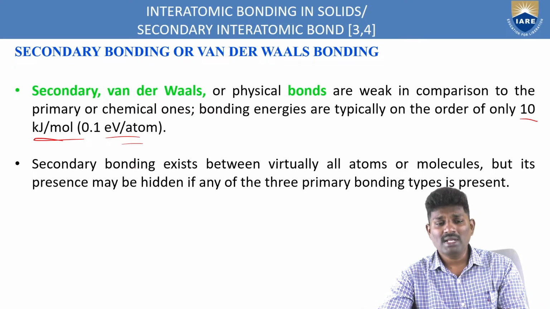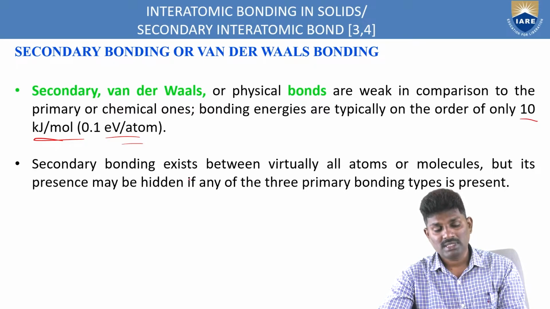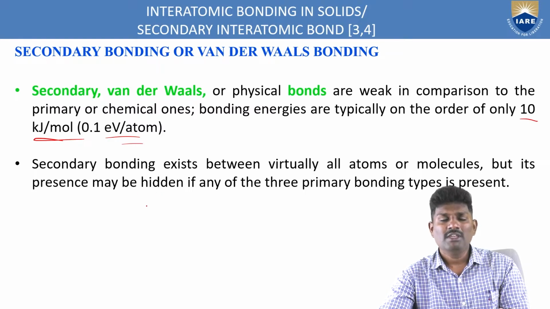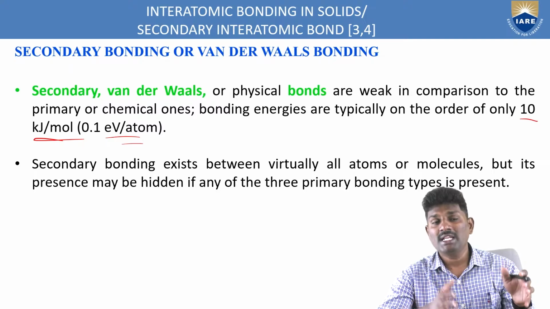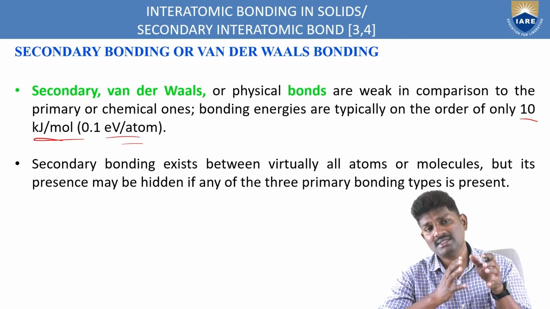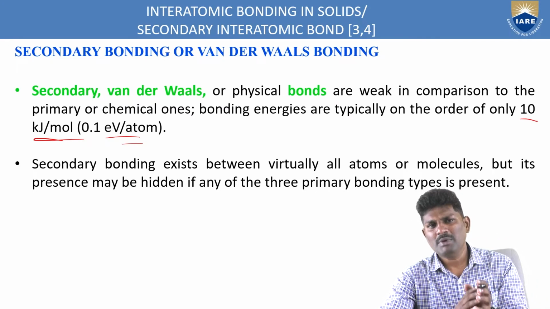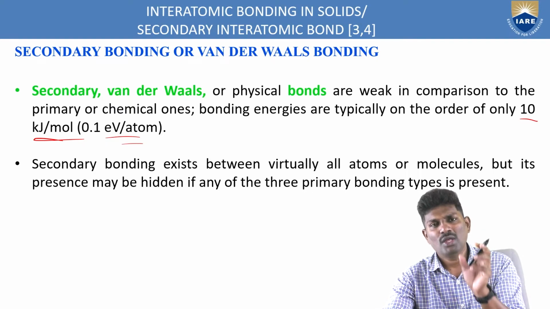Secondary bonding exists between virtually all atoms or molecules, but its presence may be hidden. Why? Because if you consider any type of atoms or molecules, the secondary bonding exists, since somewhere you can find the loose bonding nature.